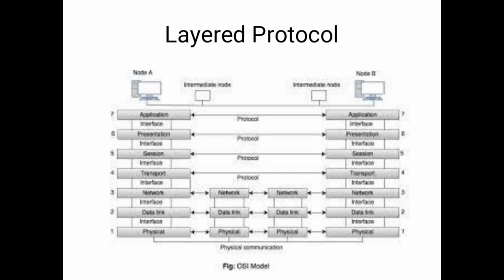This is the layered protocol of the OSI model, and each layer, as I have told you, from 1 to 7: physical layer, data link layer, network layer, transport layer, session layer, presentation layer and application layer. And these layers transfer the information as bits, frames, packets, segments and data.